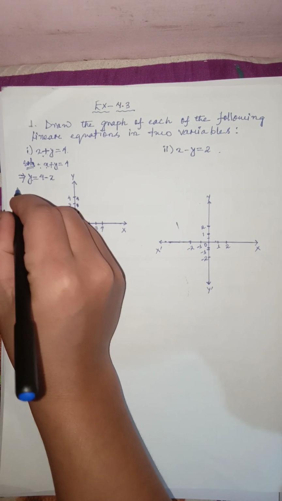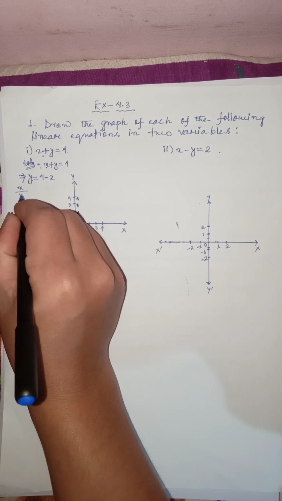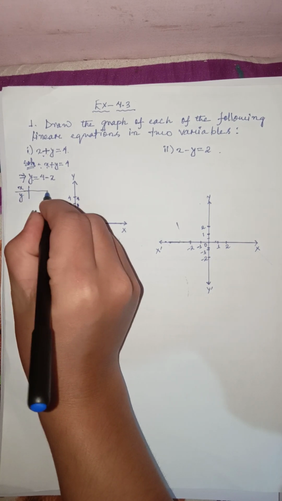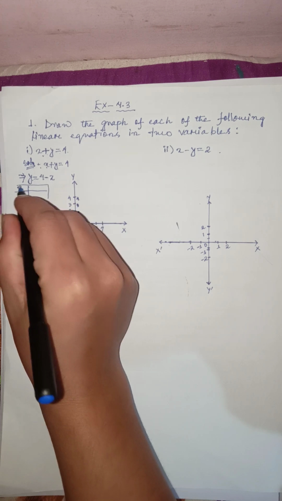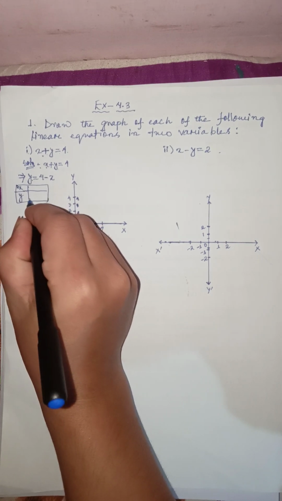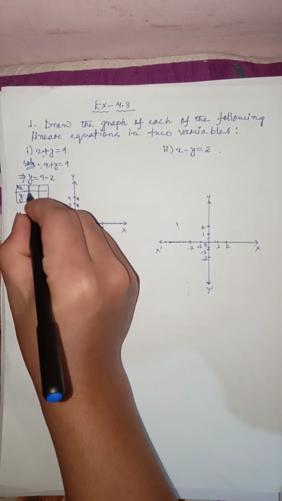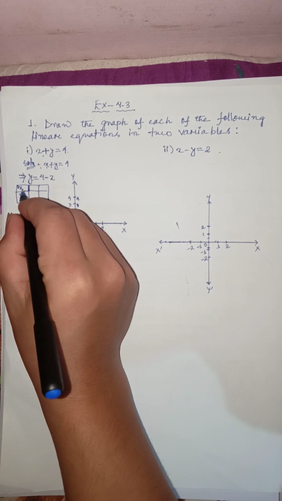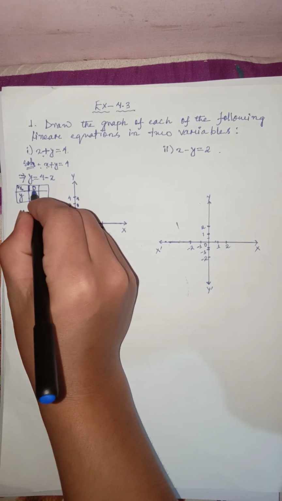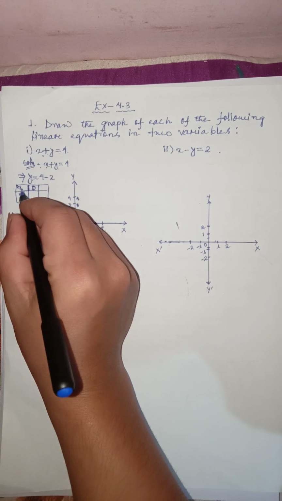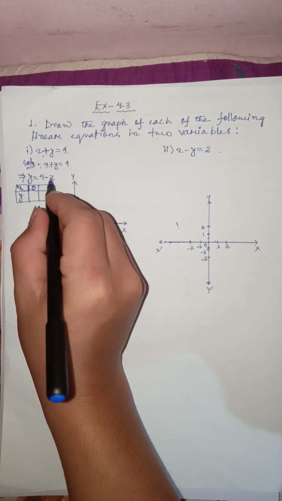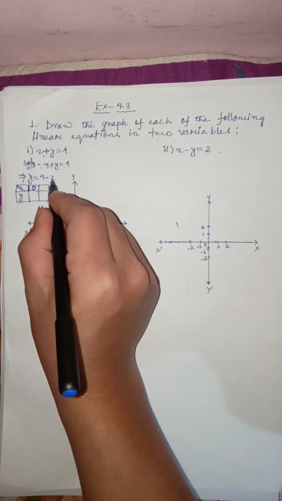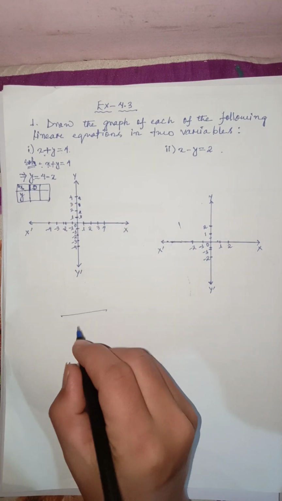First, let us write x, here let us write y, and let us make a table. First of all, let us assume the value of x to be 0. Whenever x is 0, let me compute here.